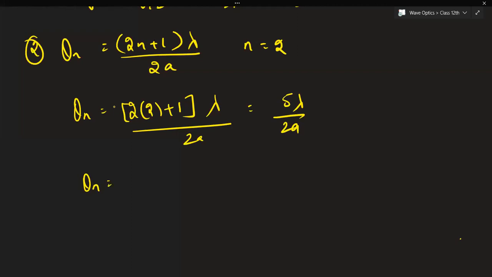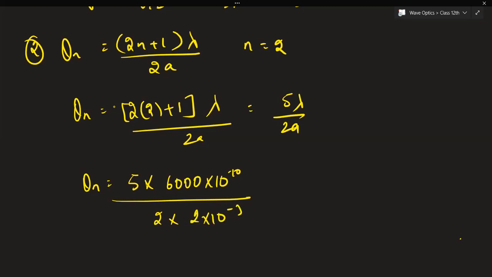So theta n will become 5 into 6000 into 10 to the power minus 10 by 2 into 2 into 10 to the power minus 3. So this becomes 7.5 into 10 to the power minus 4 radian.